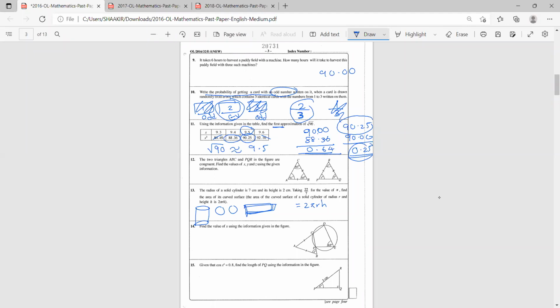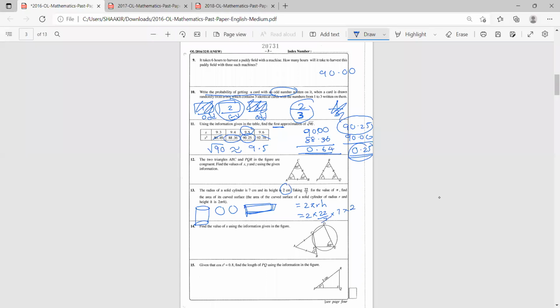They have given, the area of the curved surface of a solid cylinder of radius R and height H is 2 pi RH. You all are studying this, but here they have directly given. So you can just substitute this. So here 2 pi is 22/7 and the radius they are saying to take it as 7 and the height they have given as 2 centimeter.